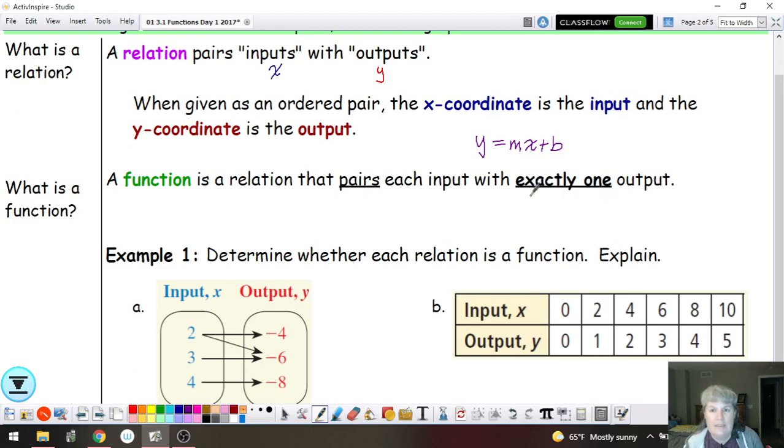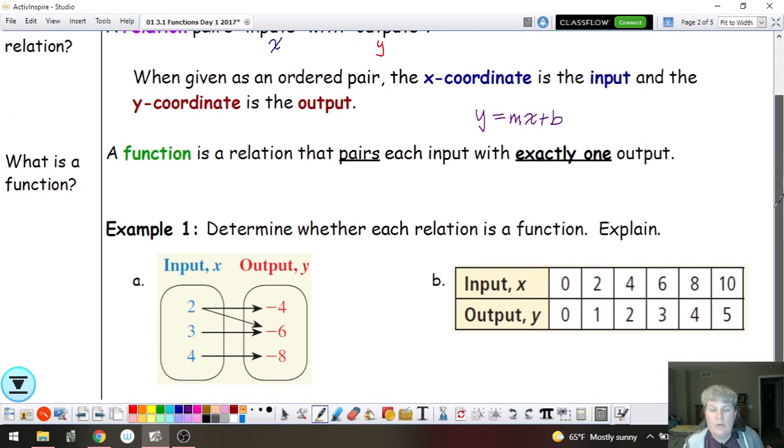That's key, exactly one. What that also means is when we start looking at mapping diagrams like I have here on the left, or in tables, I don't want to see inputs repeated. Because if I have an input repeated, that means it's being mapped or paired with more than one output.